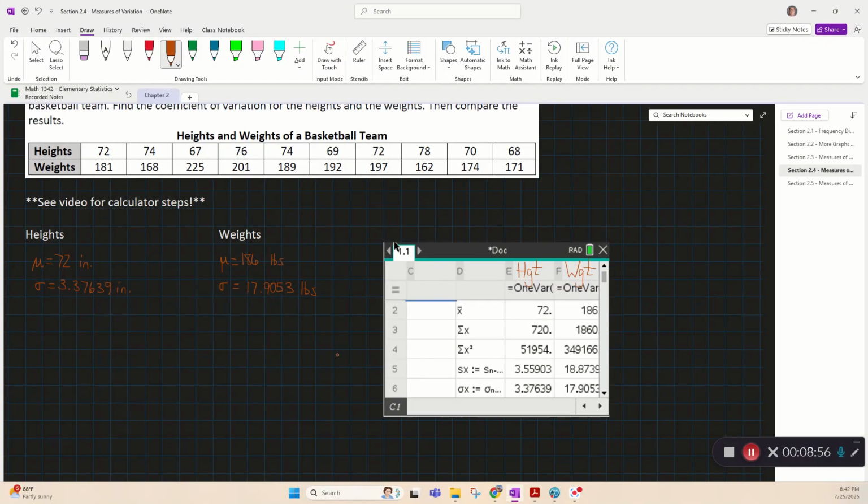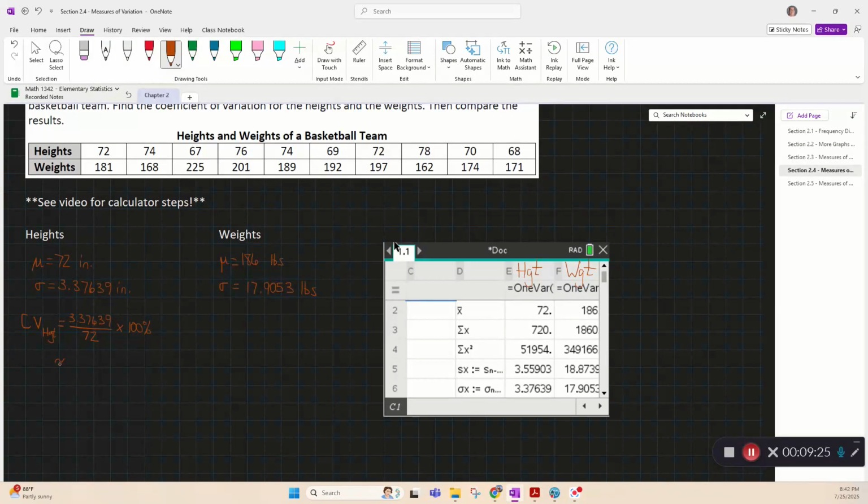So the way we get coefficient of variation is we divide the standard deviation by the mean. So I'm going to say CV with the subscript H for height, or HGT. That would be 3.37639 divided by 72 times 100%.